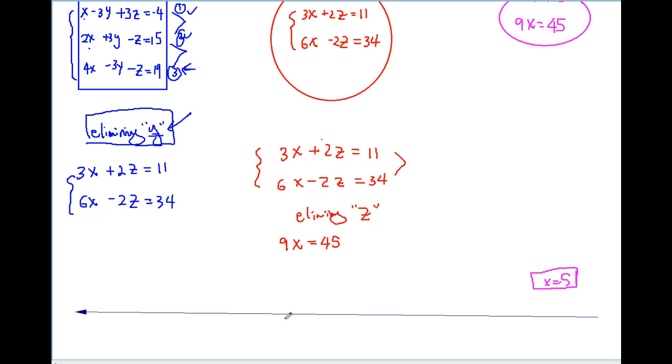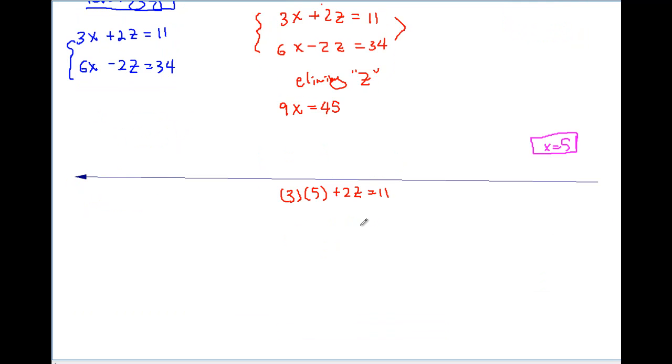Then onto the second step here, let's use the red again. I have 3 times 5 plus 2z equal to 11. Since I know x, this is my x value. So I have 2z equal to 11 minus 15, or z equal to minus 2. Let's put our box over here. Combine the x equal to 5 and z equal to minus 2.